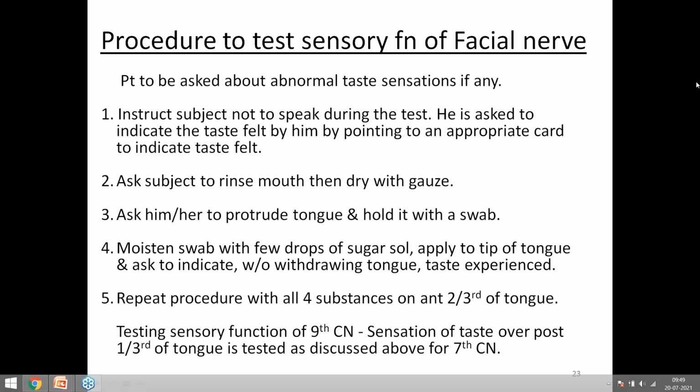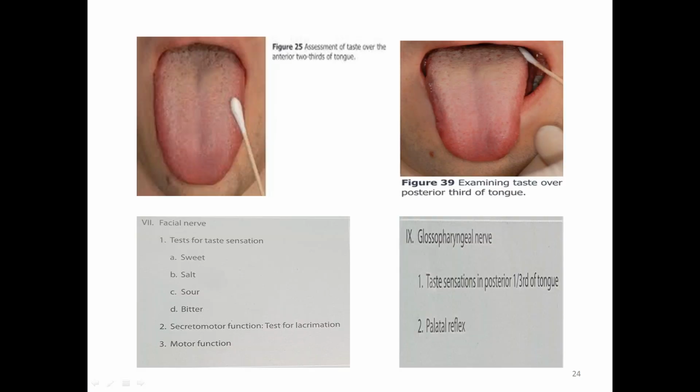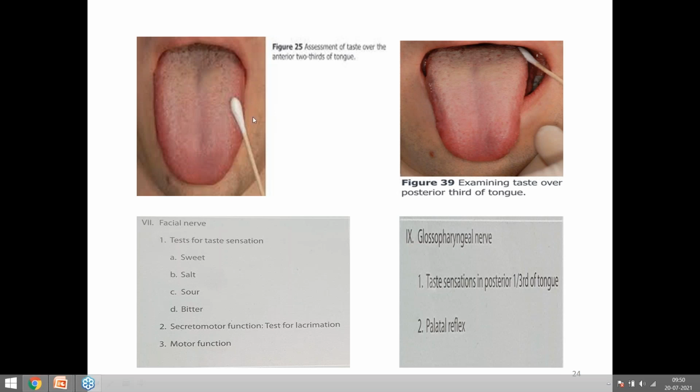Now for testing the sensory function of 9th cranial nerve or the glossopharyngeal nerve, sensation of taste will be checked over the posterior 1/3 of tongue, and in exactly the same format as what I just told you. So you can have a look here.